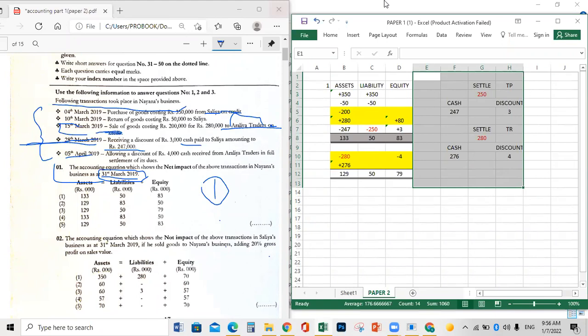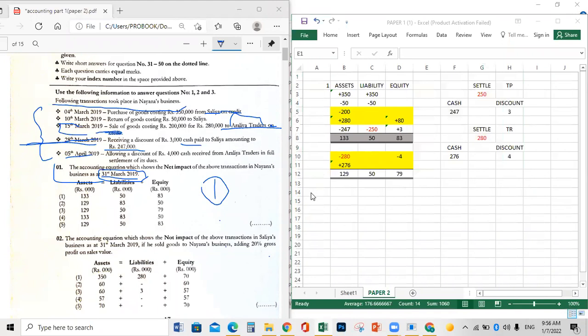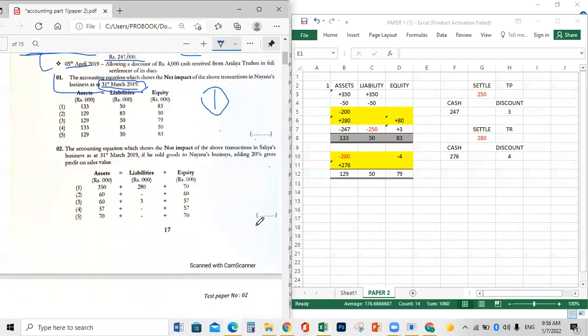If it is discount allowed, you should reduce your equity because it's an expense. And always, if it is trade payable you have settled, remove the settled amount from trade payable, that is liability. If it is trade receivable you have settled, remove the amount from assets. Now let's go to the next one.